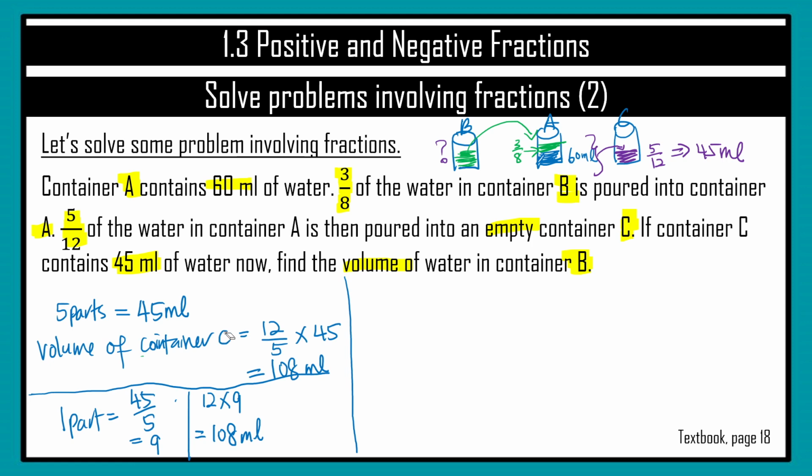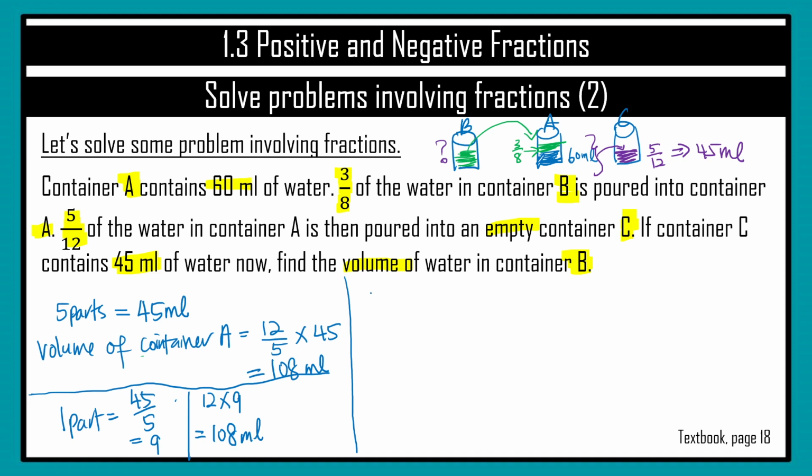Oh sorry, this is container A. The volume of water in container A. Now the total water in container A is 108 ml.